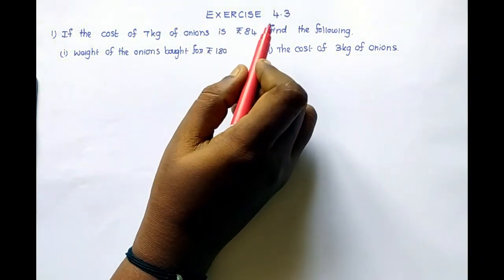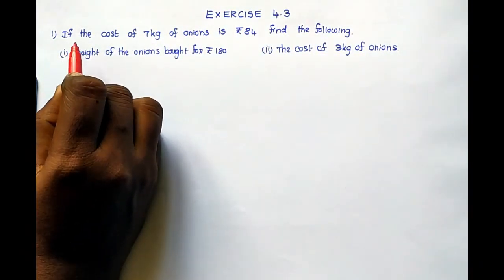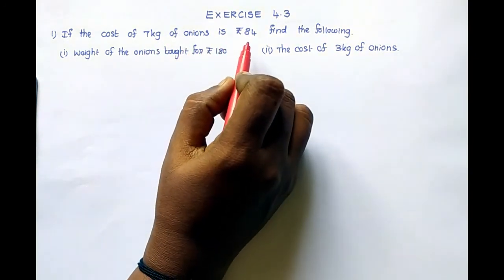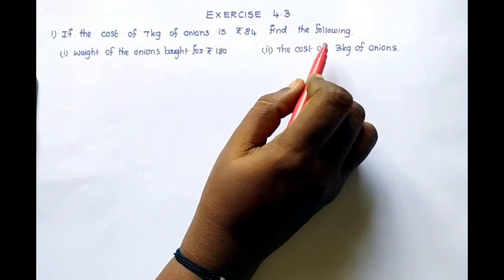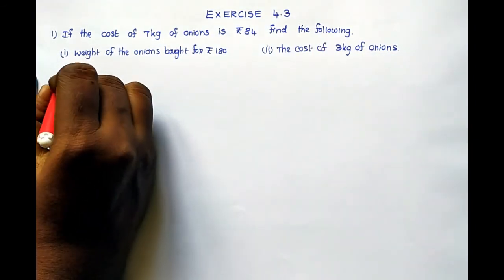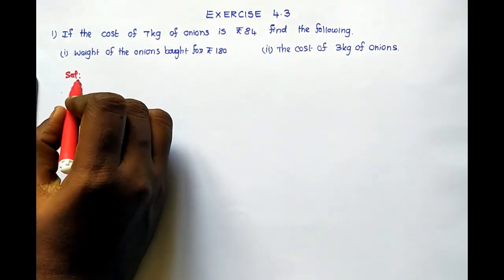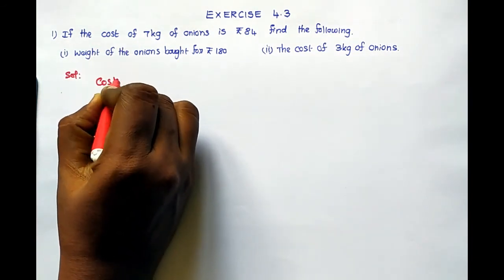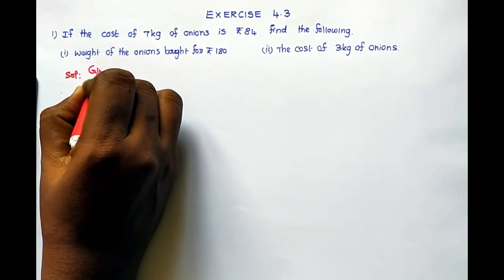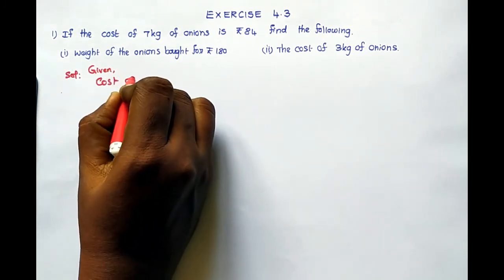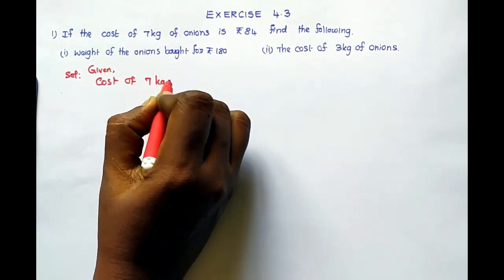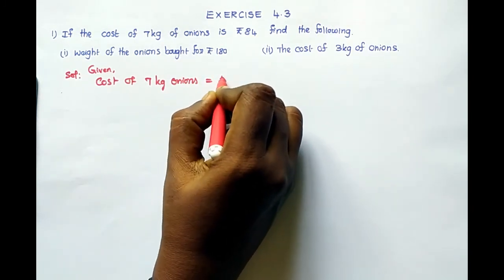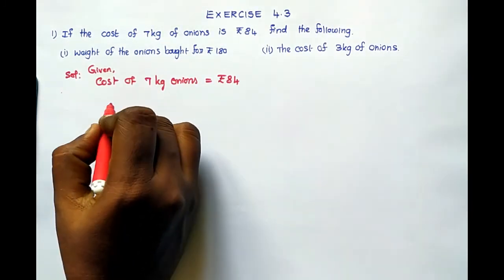Look at this exercise 4.3. First question. If the cost of 7 kg of onions is rupees 84, find the following. Listen, first they have given the cost: 7 kilogram of onion equals rupees 84.